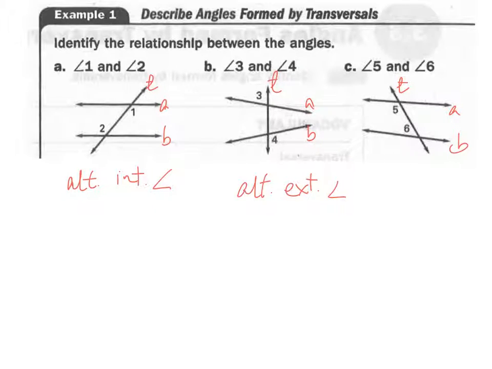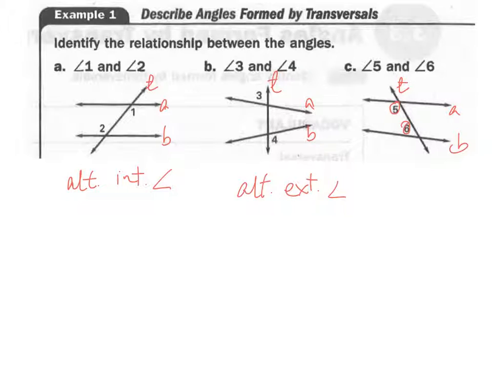Notice that in question B and question C, it's very clear. It's less clear in A, but in B and C, it's very clear that A and B are not parallel. So there are opportunities where A and B are transversals as well. However, because of the angles they specified, angles 5 and 6, if we use A and B as a transversal, we will find that there's no relationship.